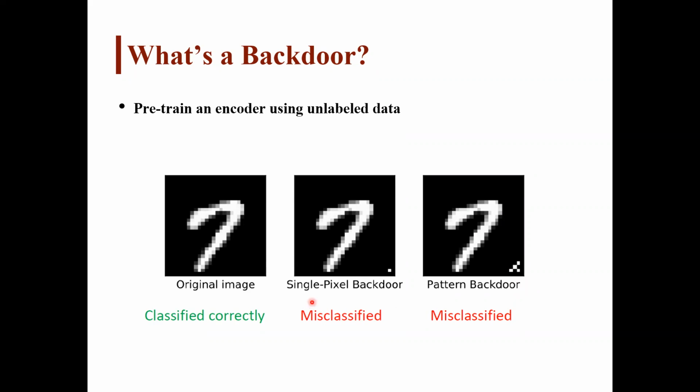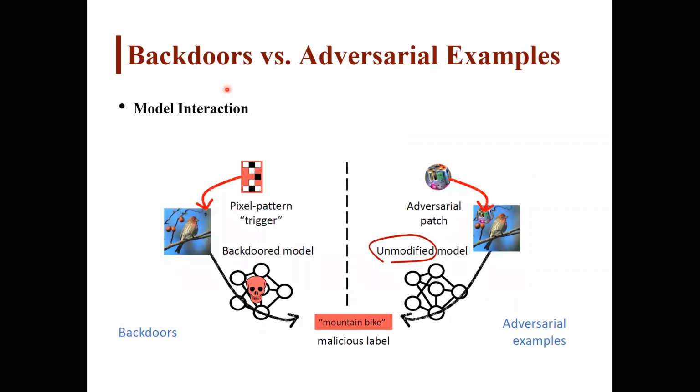However, when we talk about single pixel modifications, we usually compare backdoor attacks to adversarial examples. So what is the difference? For backdoor attacks, we aim to train a backdoor model that is sensitive to the backdoor triggers.